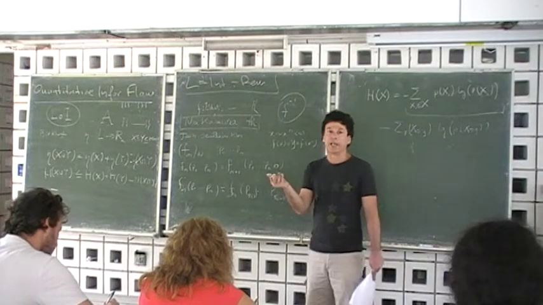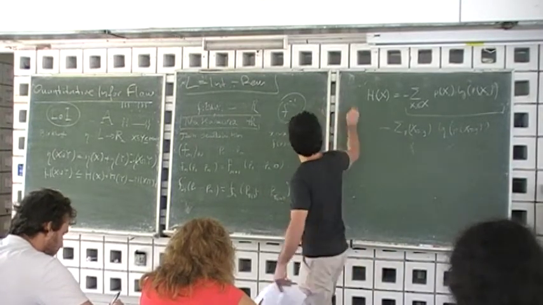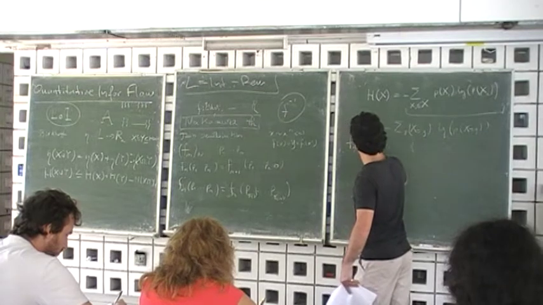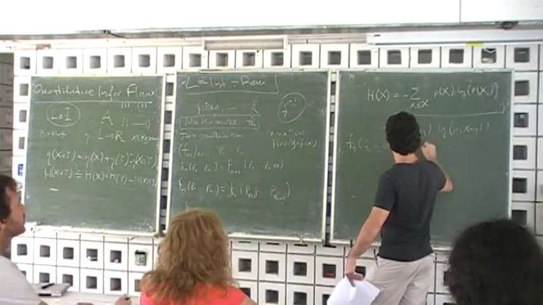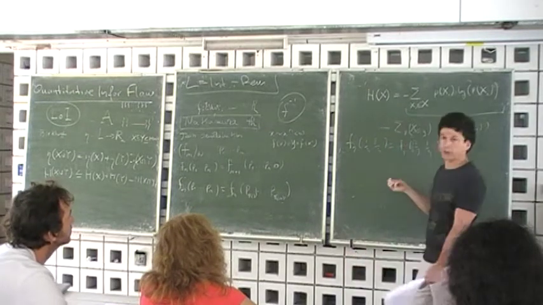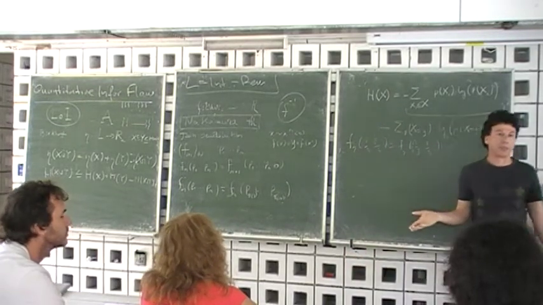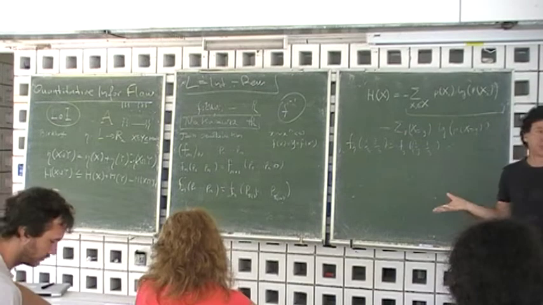So we want f2 of 1/3, 2/3 to be the same as f2 of 2/3, 1/3. The order of the probabilities shouldn't affect the result.